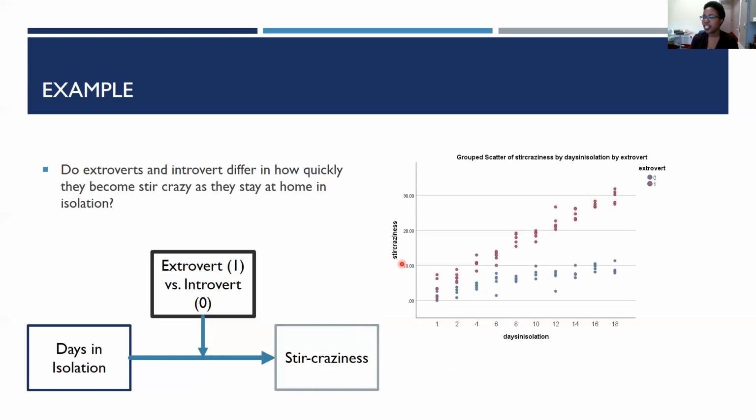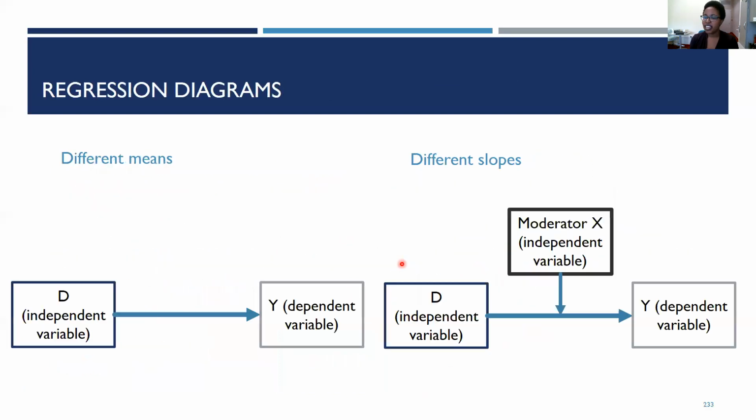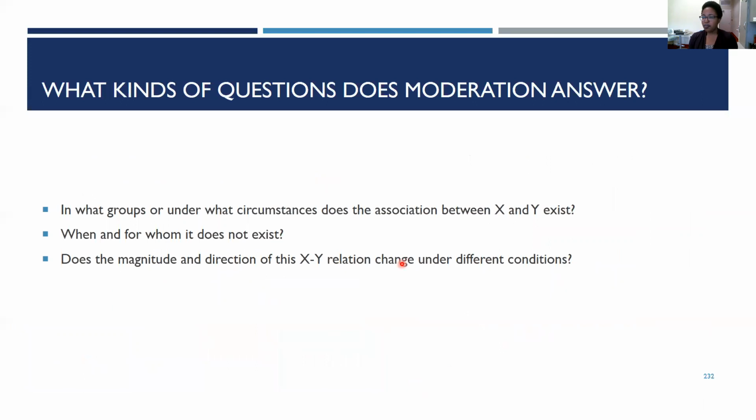All right, so there are other ways to phrase this, right? So if we went back to these kinds of questions, we could phrase this as, is there an association between days in isolation and stir craziness in both introverts and extroverts?